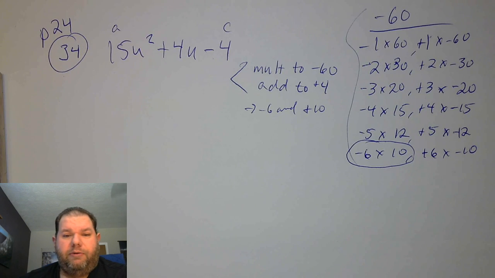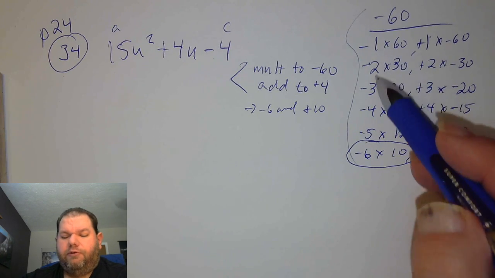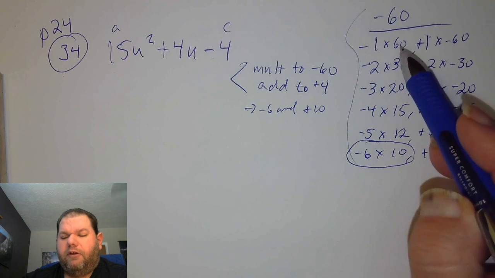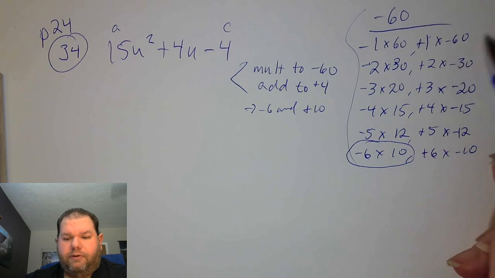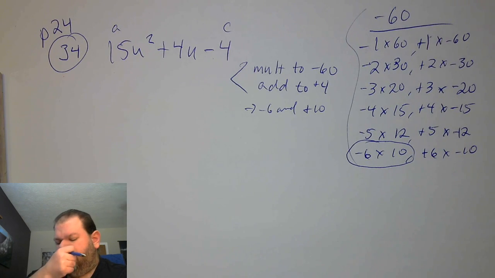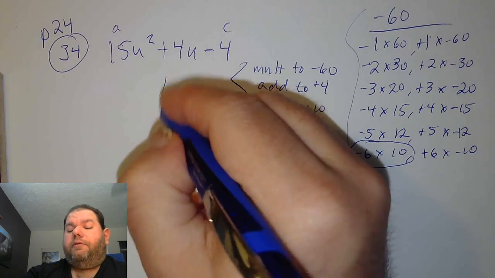It does require that we know all the different factors of the numbers that we're working with, but as you can see here, I kind of went in order 1, 2, 3, 4, 5, 6, and I did one negative and the other positive, and then switched. So that's kind of a nice way to go. And then once these are close enough together, there aren't any more between them, then we know we can stop.